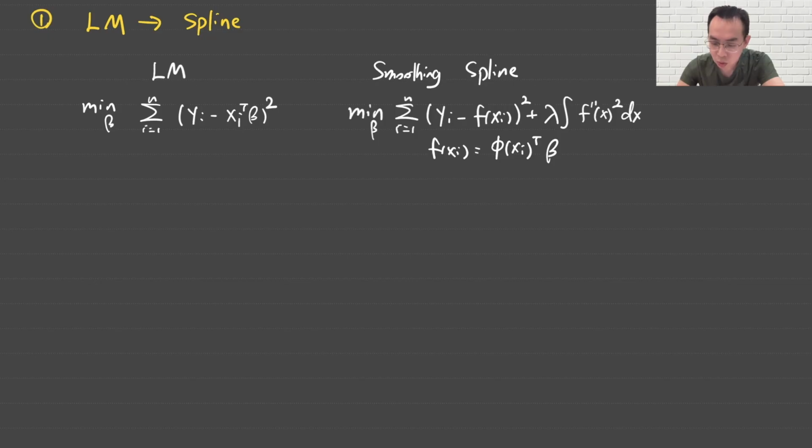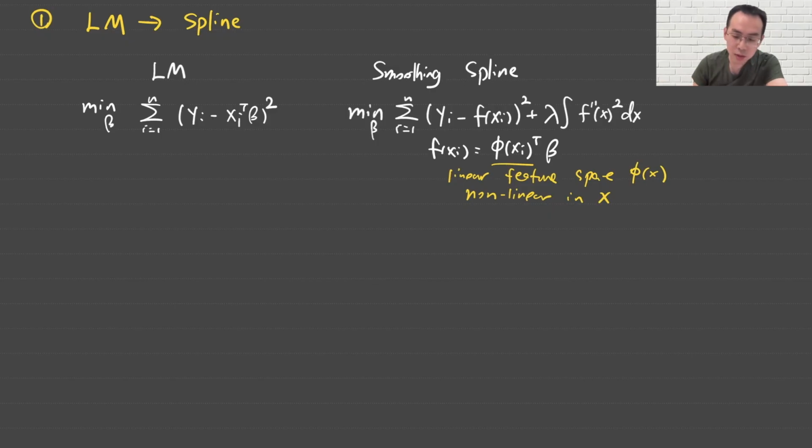And for our nonlinear function f(x), we can apply a basis expansion on the input x and then multiply that with beta. So this is actually linear in the feature space, which is what we call the feature space phi(x). So it's linear in feature space, but nonlinear in x. So that is the key of how we solve the smoothing spline.